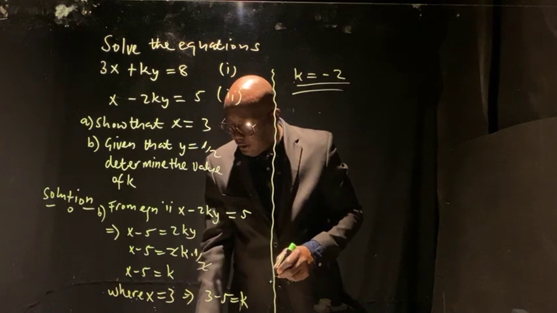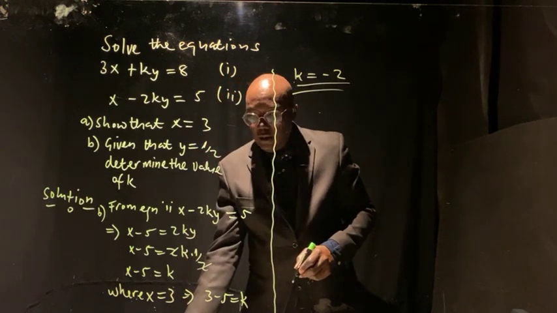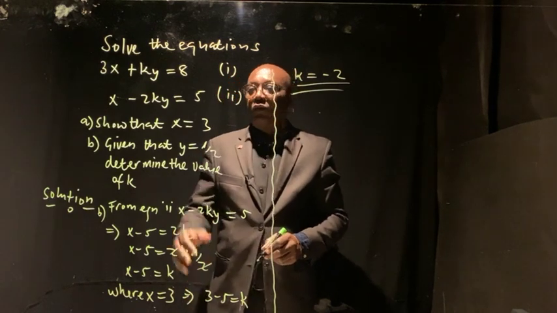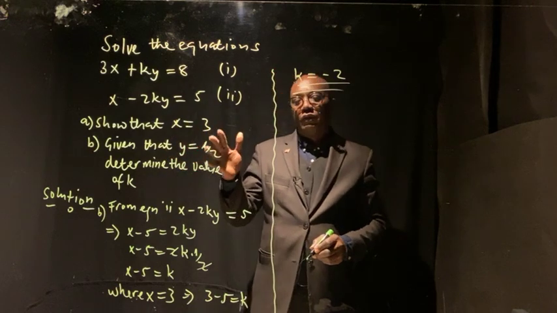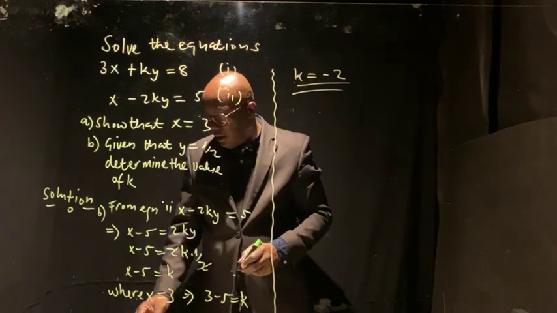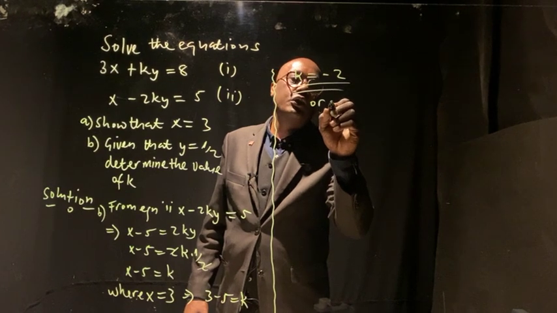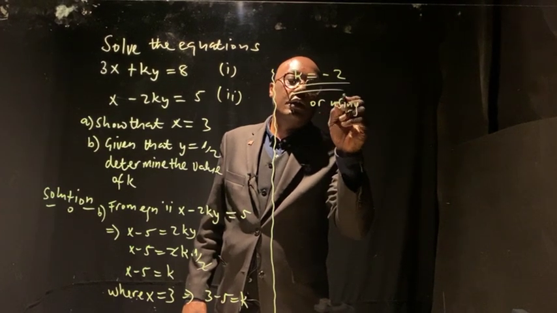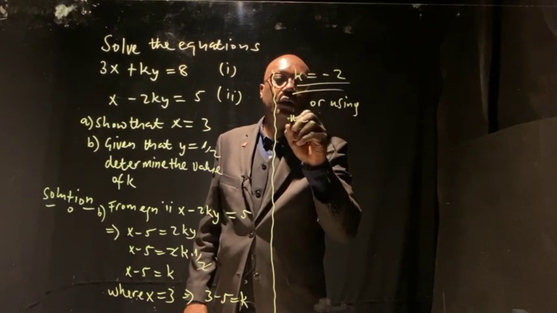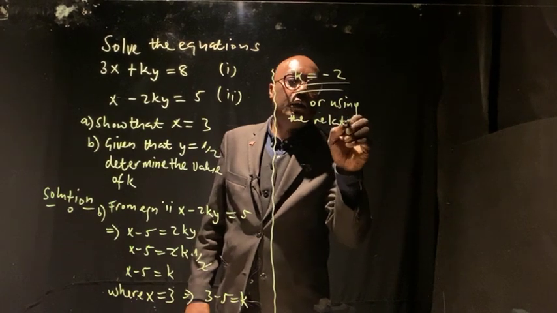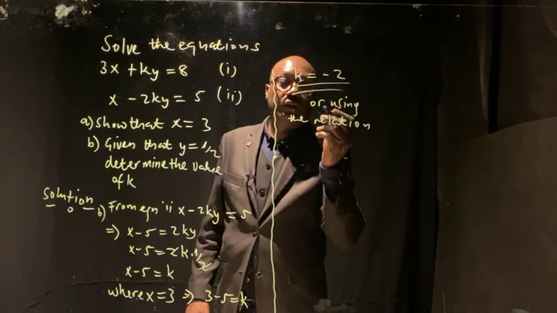Now, let's see. Having found that, the previous one, we had k times y equals minus half, using the previous relation.